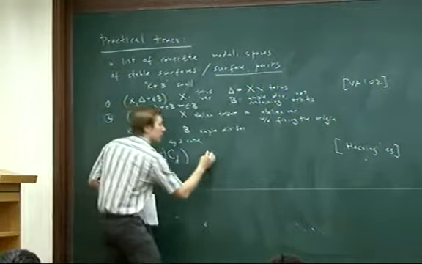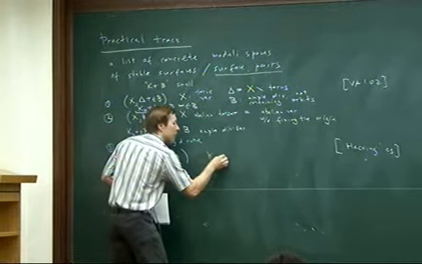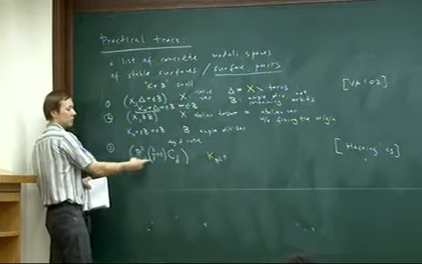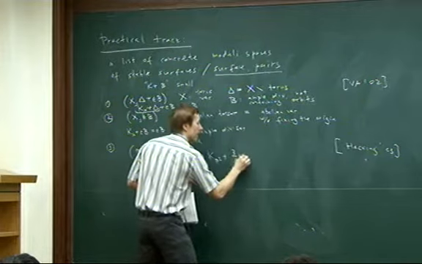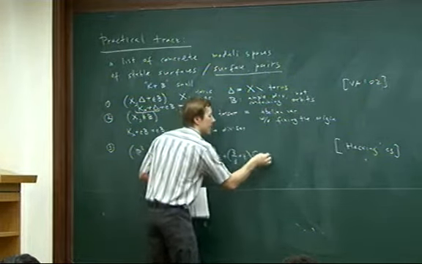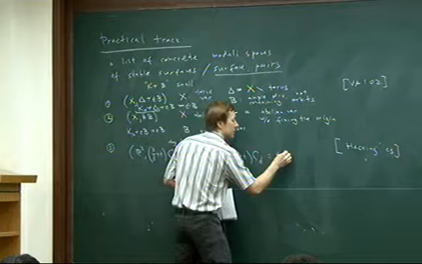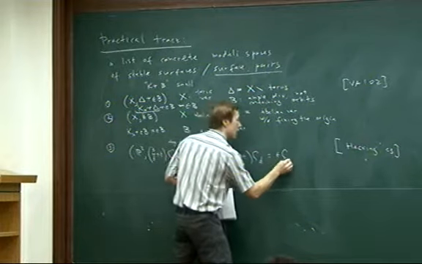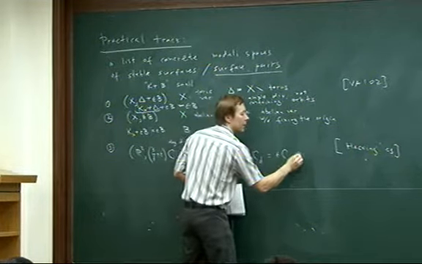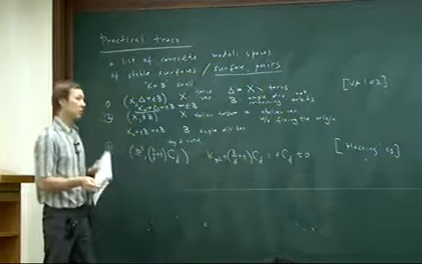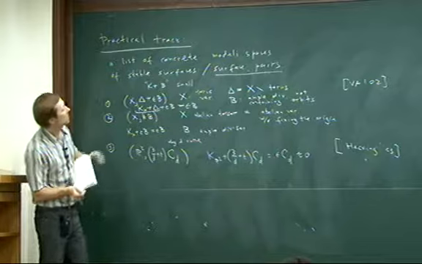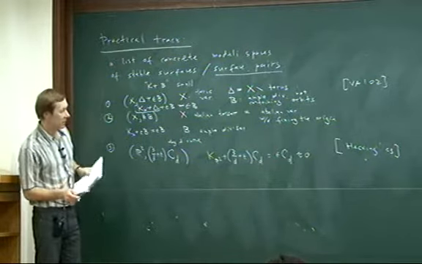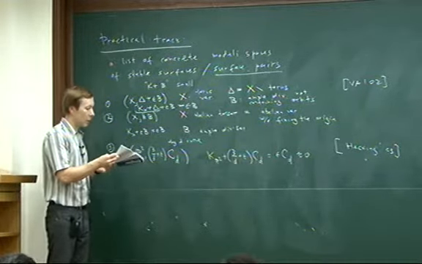And then again, K of P2 is minus 3. So K plus B is very small. And so he described the moduli spaces in this case quite thoroughly.